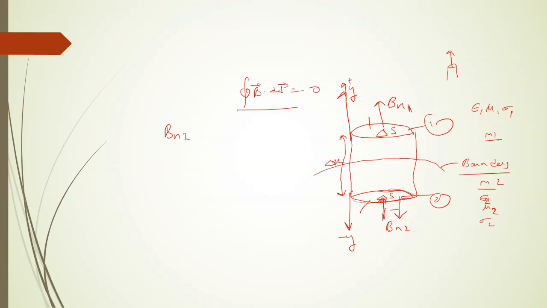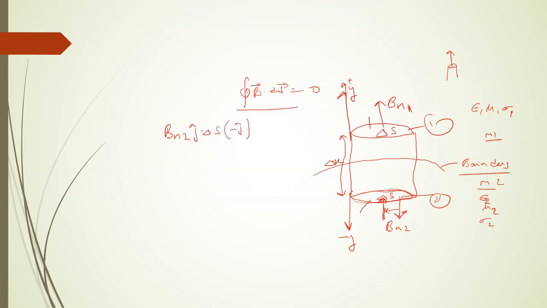Here the outward direction is opposite to the direction of the magnetic flux density, in the minus y direction. So Bn2 is in the direction of j cap, and delta s is in the direction of minus j cap.